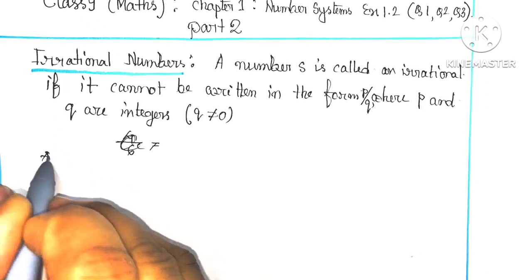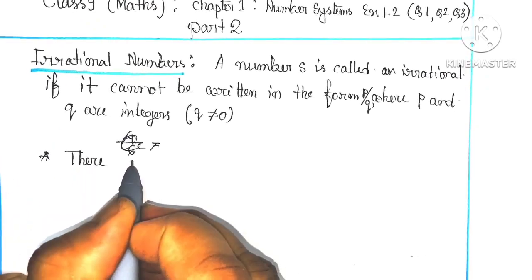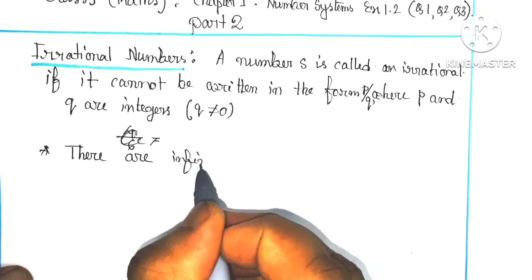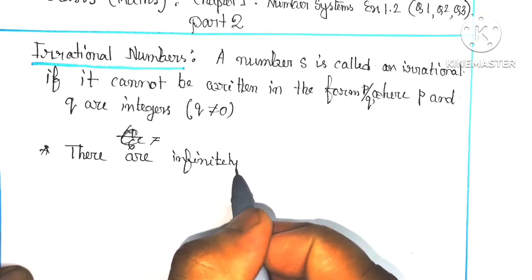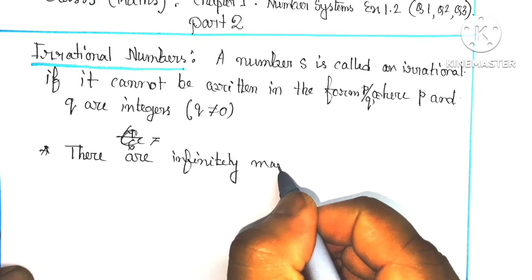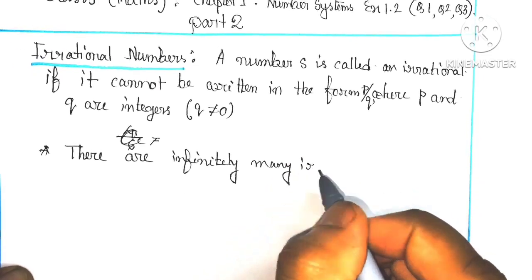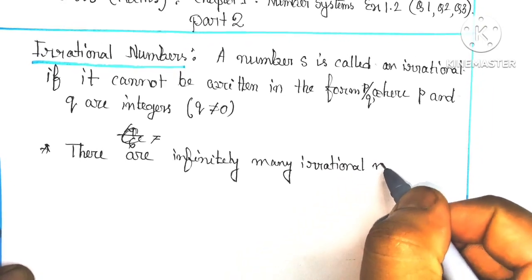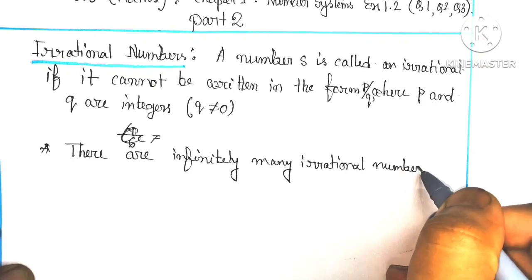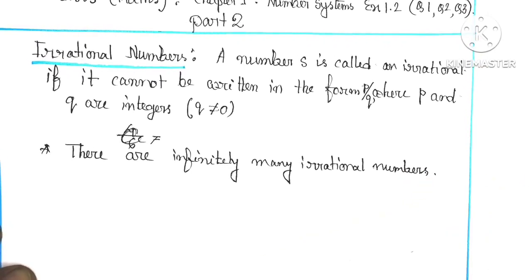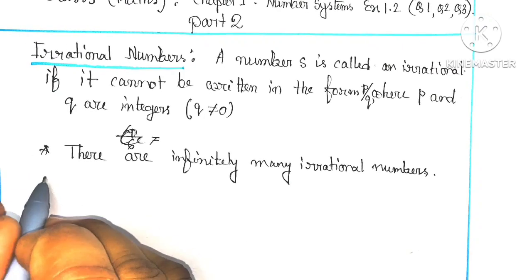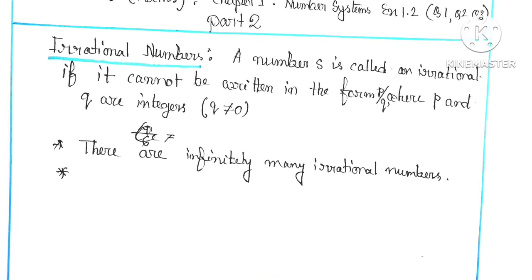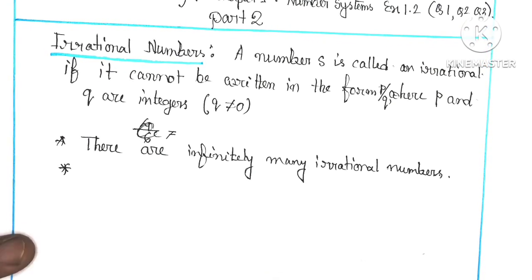There are infinitely many irrational numbers. The square root of a non-perfect square is an irrational number.